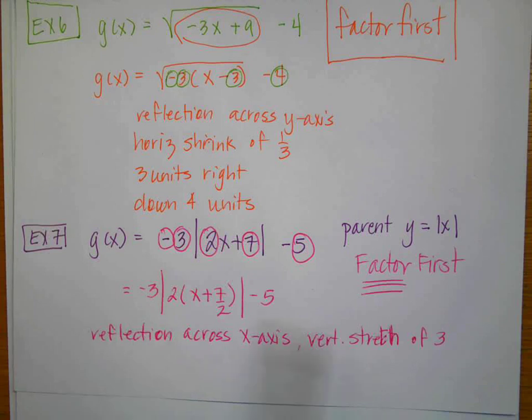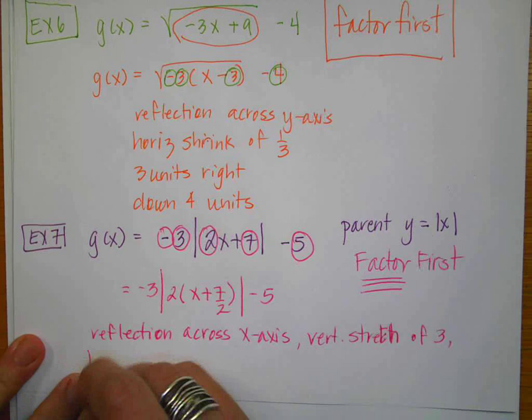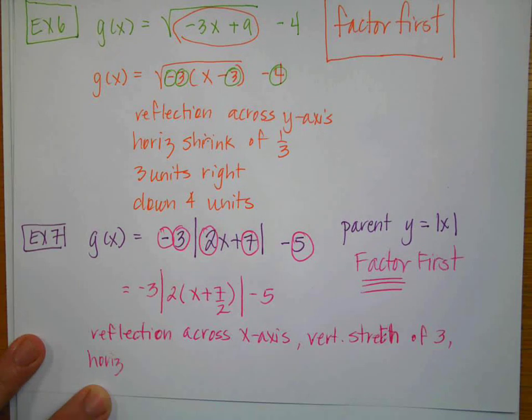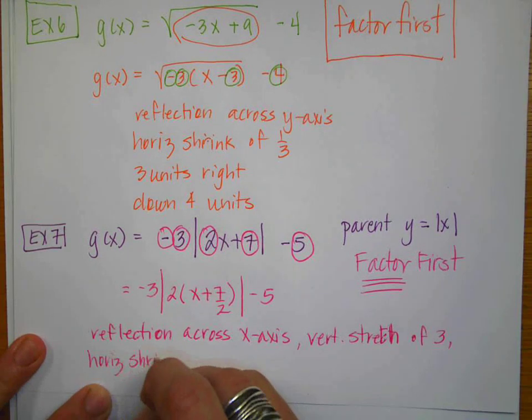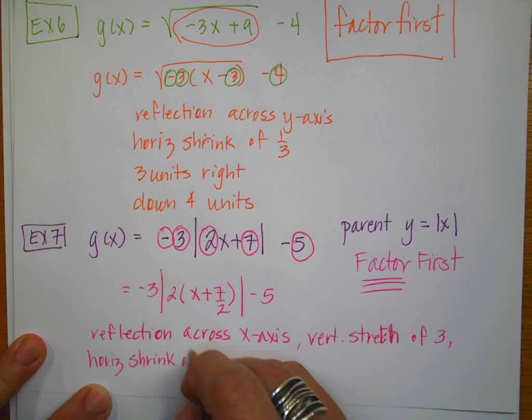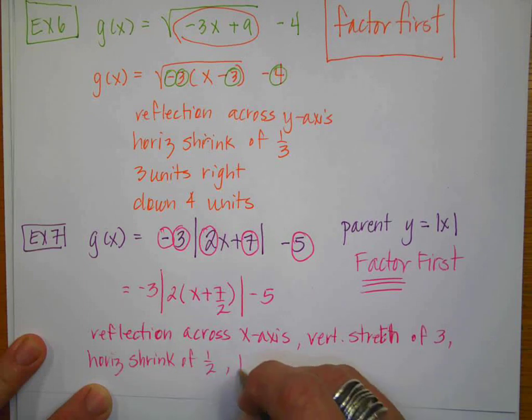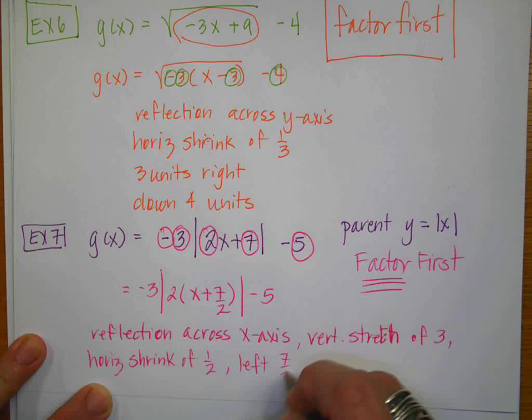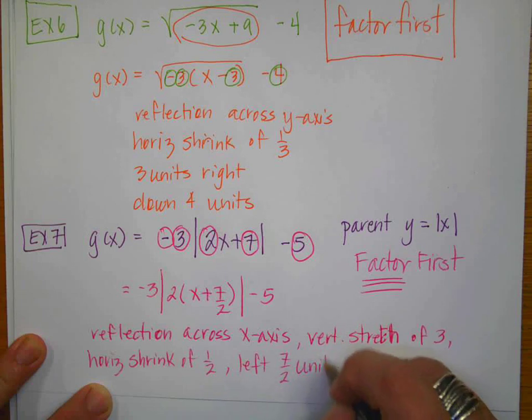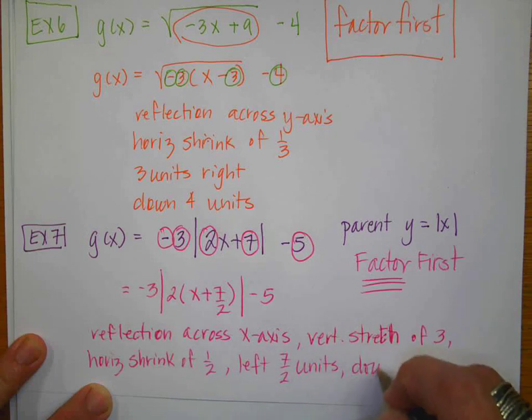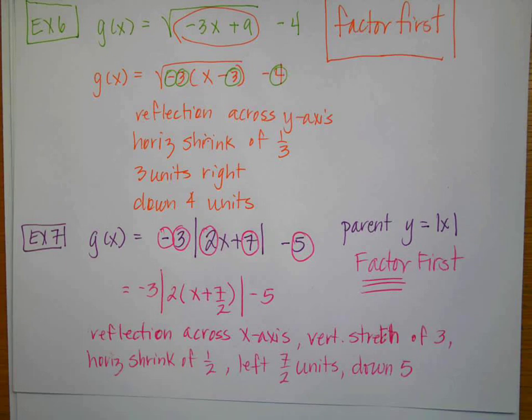Remember that the negative is the reflection. It has nothing to do with the stretch or shrink. Then I'm going to have a horizontal shrink, opposite of a half. I'm going to go left 7 half units, and then I'm going to go down 5.